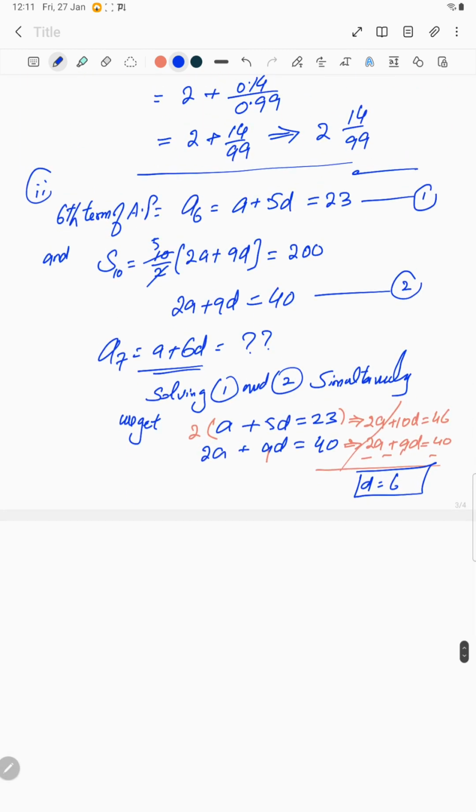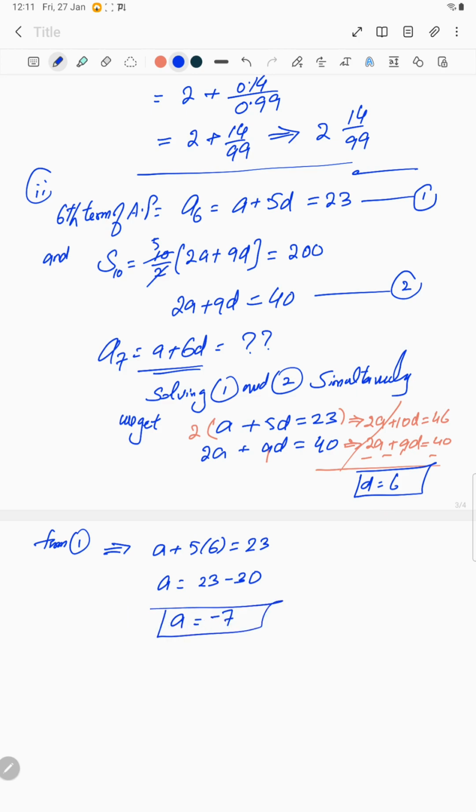Now as we got the value of d as 6, replace the value of d in any line, 1 or 2. Say from 1, a plus 5 times 6 is equal to 23, so a equals 23 minus 30, which gives me minus 7.